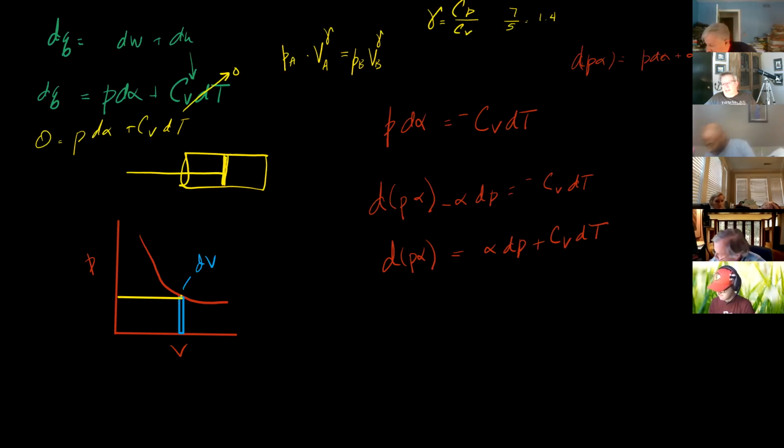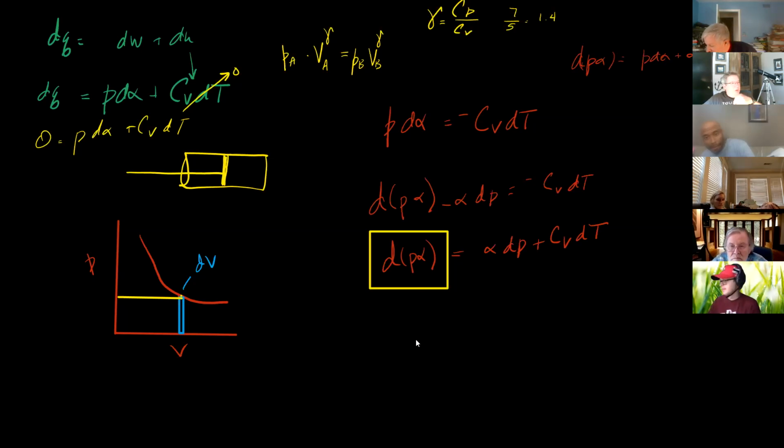Now, the thing that I want to ask you and point out is, why is this important? Why do I like this? There's a couple of reasons. Maybe you can have something that you can integrate there. Do you agree that this is really easy to integrate?